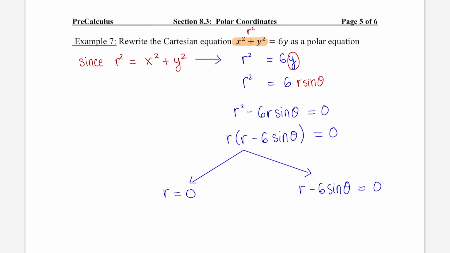Now, I'm thinking if I should take both equations or just one or the other. So r equal to 0 means you have the point at the origin. By looking at this equation right here, this doesn't represent a point at the origin, so I'm going to reject this one.